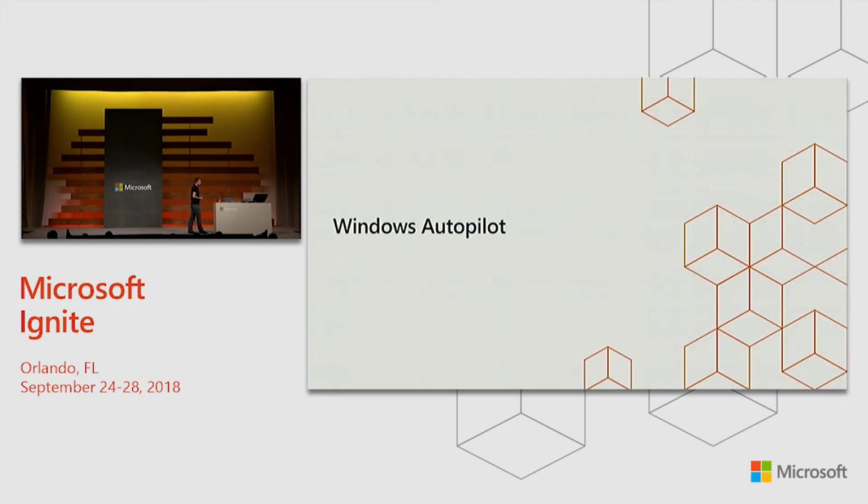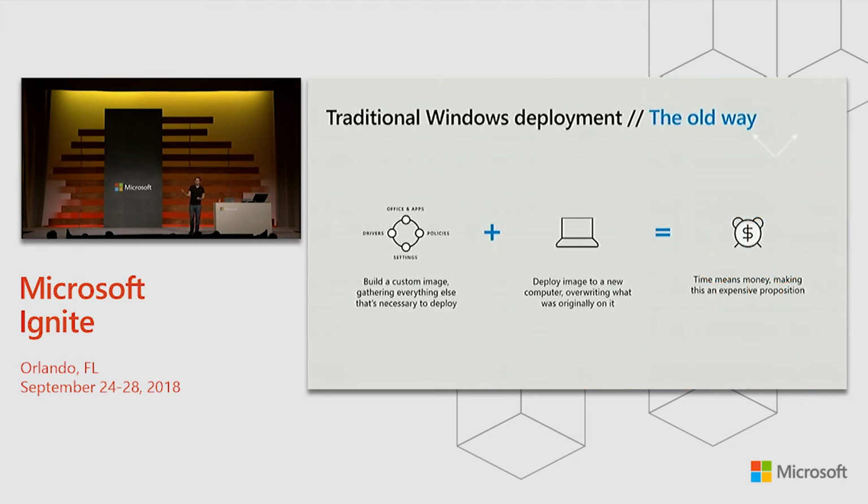Okay, so switching gears slightly to Windows Autopilot. Windows Autopilot we announced at Ignite last year, and it was intended as a solution to customers that were starting to look at modern management and reducing the cost of their deployment mechanisms for getting new devices to users.